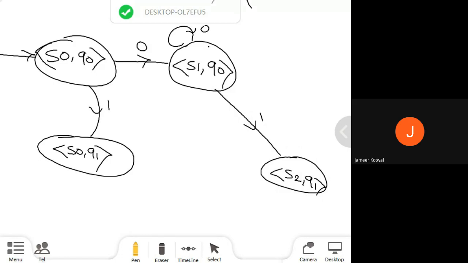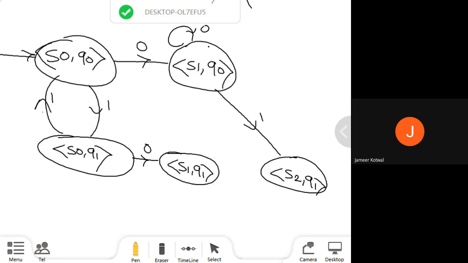In S0 Q1, if I process 0, it reaches a state that is S1 Q1, and when I process 1, it reverts back to the state that is S0 Q0. काय प्रॉब्लेम आहे इथपर्यंत. नेक्स्ट आता S1 Q1 कन्सिडर करा.